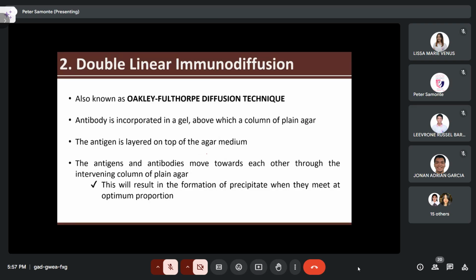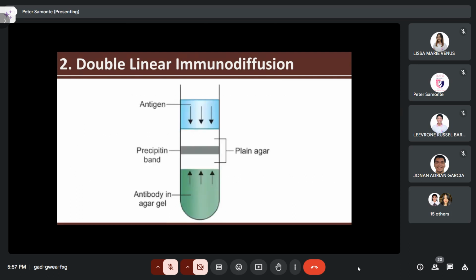The antigen is layered on top of the agar media. So ito yung antibody which will be found in the agar gel. At the middle of this class is the plain agar. After that, you add your antigen solution. So mag-attract yung antibody and antigen, forming a precipitin band in the plain agar.